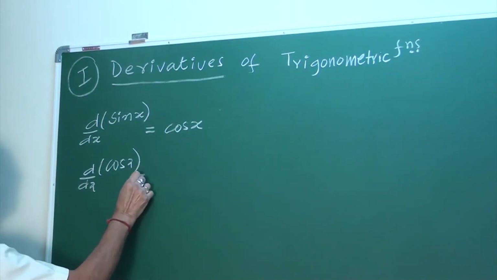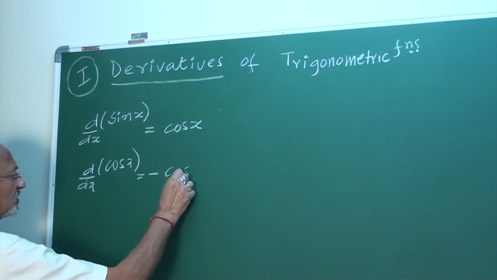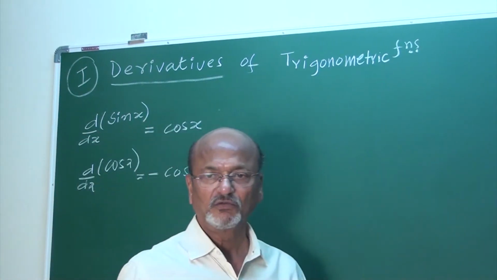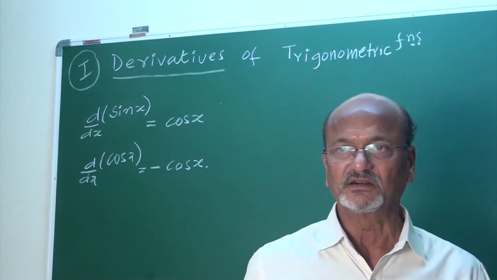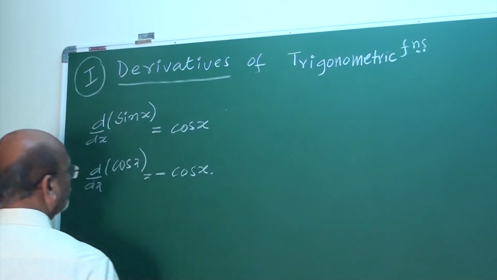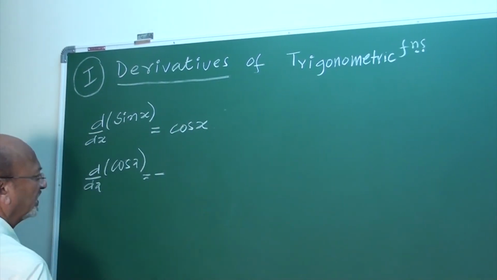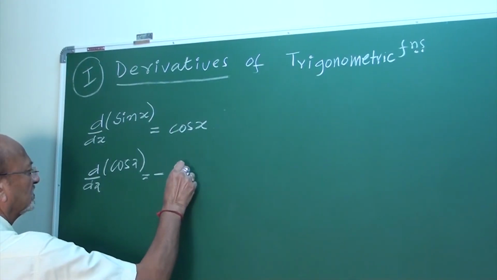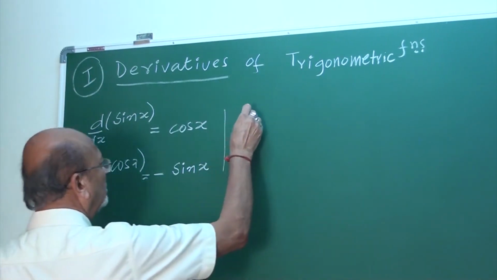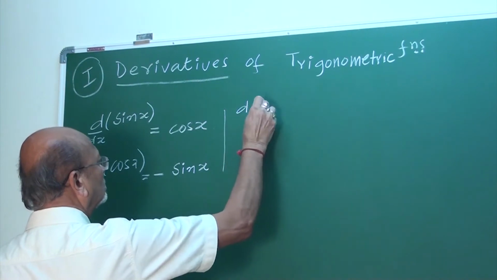We have done all these by first principles, at PUC 1 level, which means 11th standard. The derivative of cos x is minus sine x. Yes, my friend, this is one pair. Second pair, the derivative of tan x.